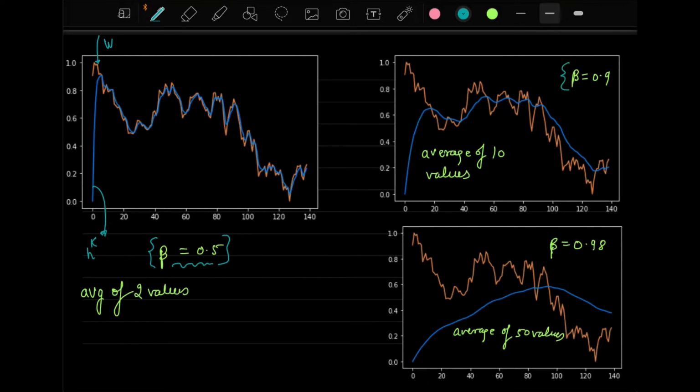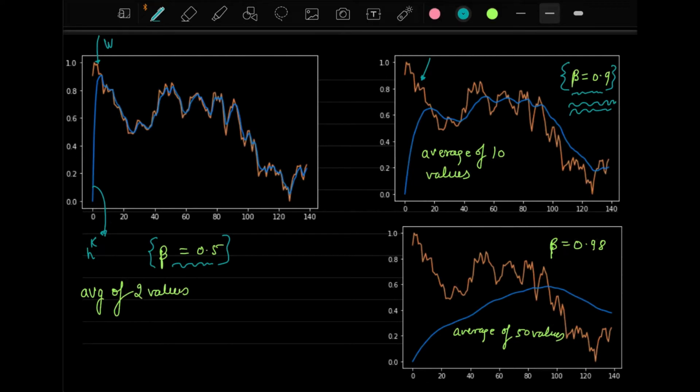But when your beta is 0.9, which means you have increased the beta to a very high value, then you can see the blue curve is smoothing out the regions. So it's a smoother curve as compared to the original curve which is given over here. This also shows that when your beta is large, it is giving more emphasis to the momentum term.